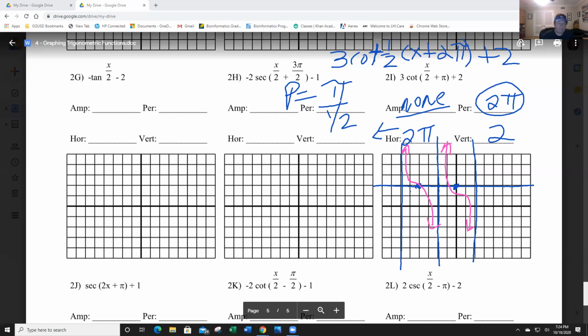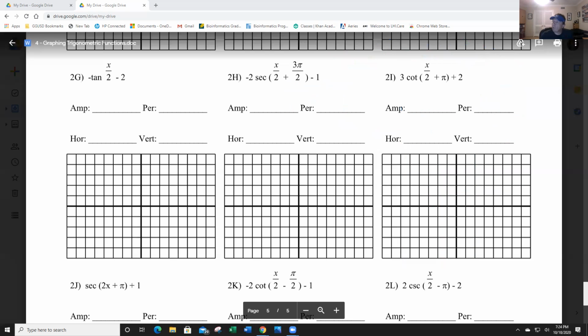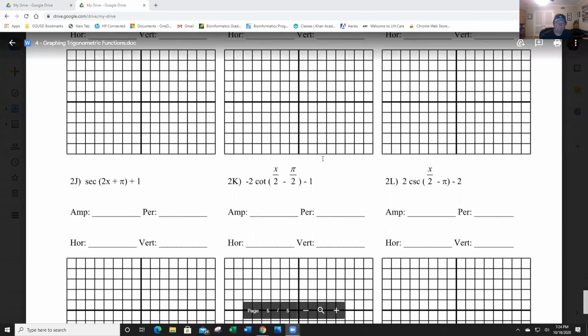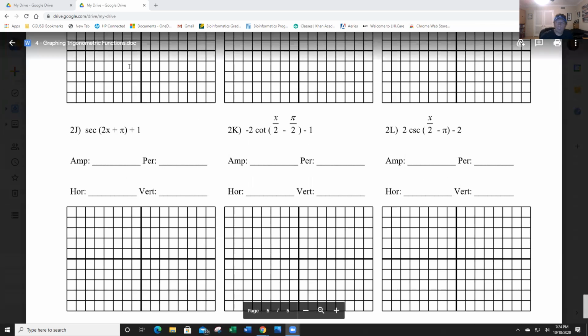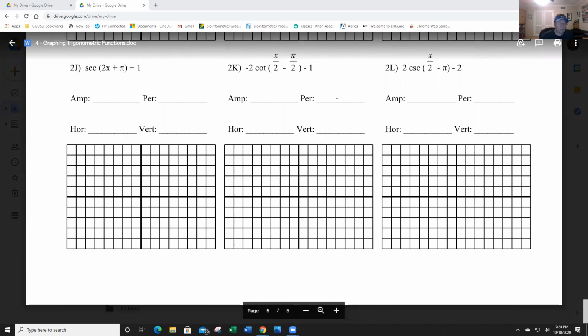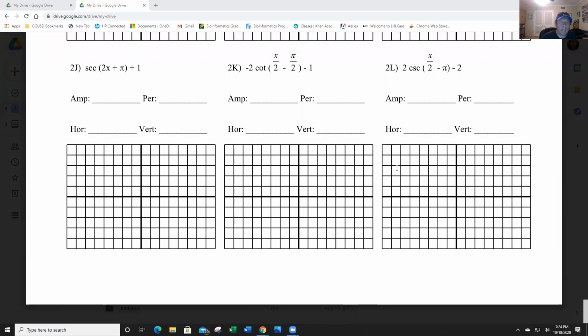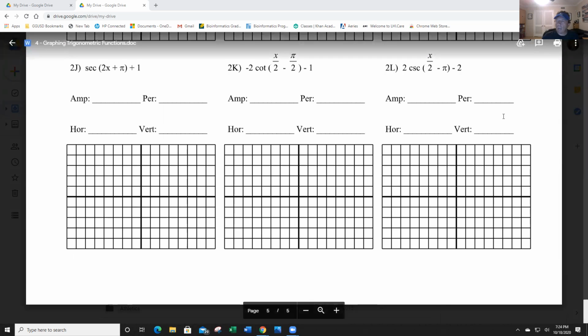Fantastic. All right, 3 more to go. 3 more to go on this. Probably good right there. Okay, so on this one, we got a secant problem. And when you're doing secant, you are thinking cosine. You're thinking cosine, okay?